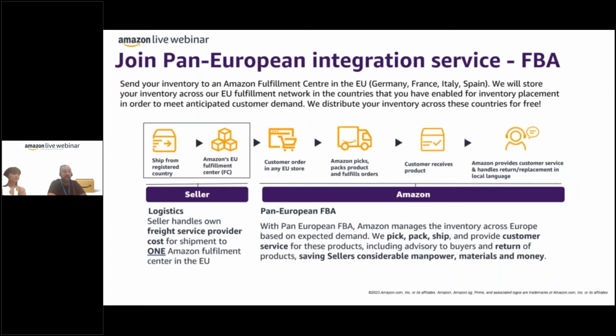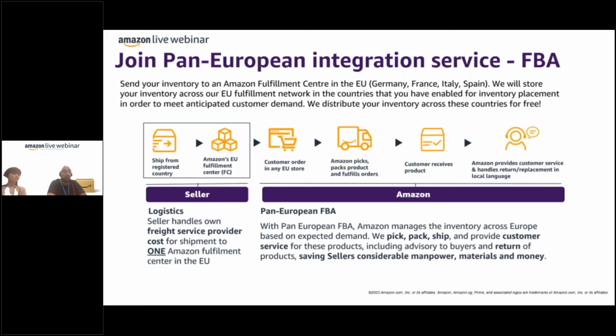Now, logistics and fulfillment. How will Pan-European FBA integration benefit your business? Number 1, you send your inventory to an Amazon fulfillment center in EU, such as Germany, France, Italy, and Spain. And Amazon will store your inventory across our EU fulfillment network in the countries that you've enabled for inventory placement in order to meet your anticipated customer demand automatically.